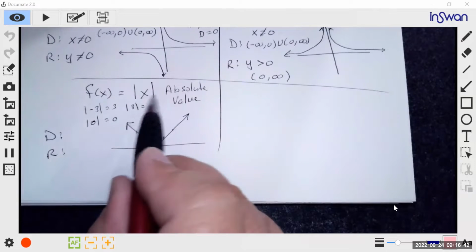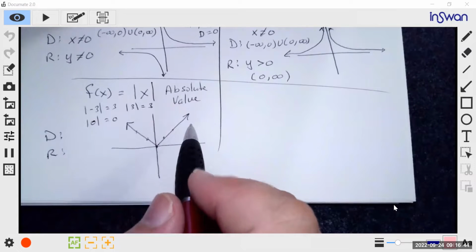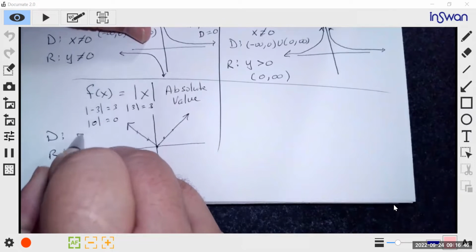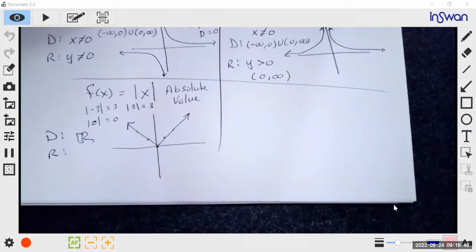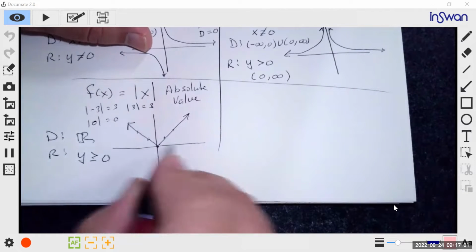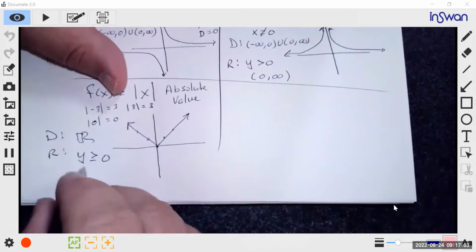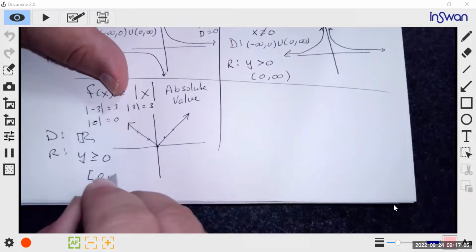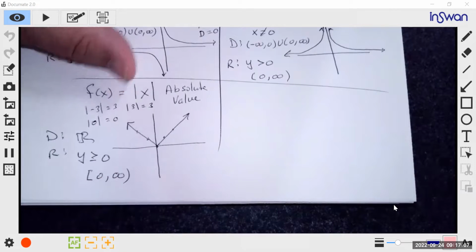Absolute value of 0 is 0. Can I use positives? Yeah. So the domain is all real numbers, negative infinity to positive infinity. How about the range? Very good. Y is greater than or equal to 0. That's as low as it can go. Or bracket 0, infinity.